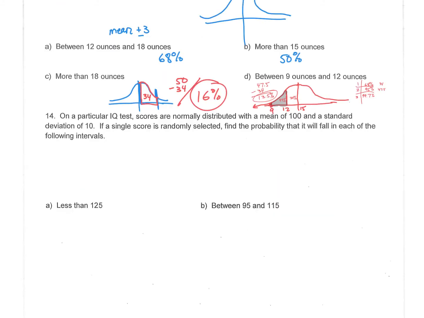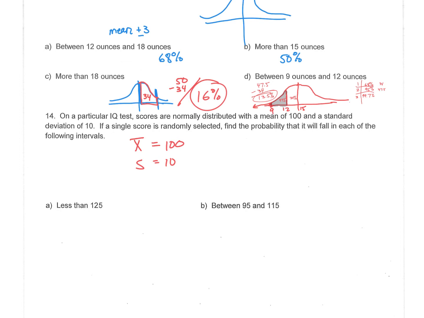On a particular IQ test, scores are normally distributed with a mean of 100. So taking notes, the mean is 100 and the standard deviation is 10. Okay, so then the question is, find the probability that a single score will fall in each of the following intervals.